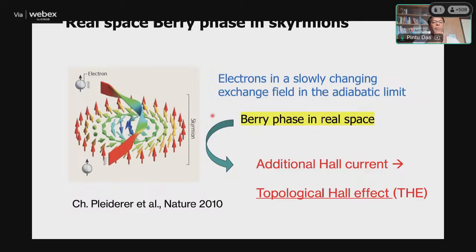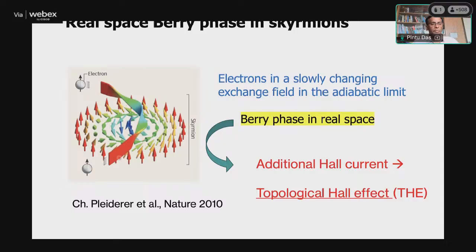Now let us talk about skyrmions. Once you have magnetic skyrmions, you see the spins. Hopefully you are now familiar with this kind of spins. Now consider one electron with a certain spin traveling through these skyrmions. On the way it finds the spins in a different direction.